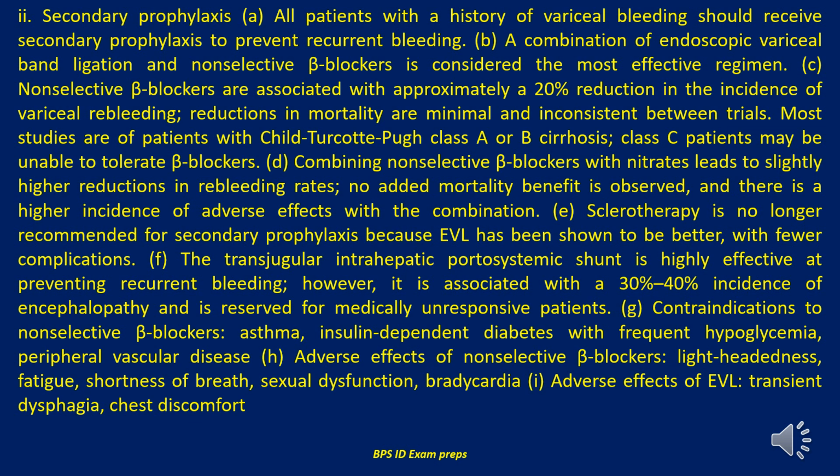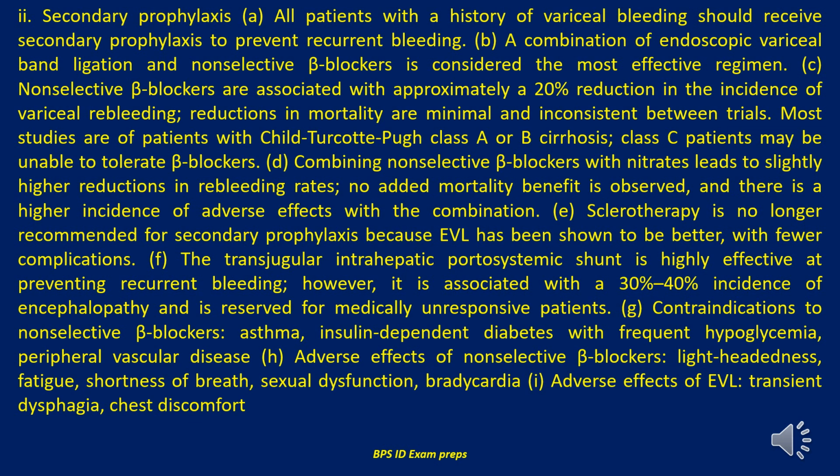The transjugular intrahepatic portosystemic shunt is highly effective at preventing recurrent bleeding, however, it is associated with a 30% to 40% incidence of encephalopathy and is reserved for medically unresponsive patients.